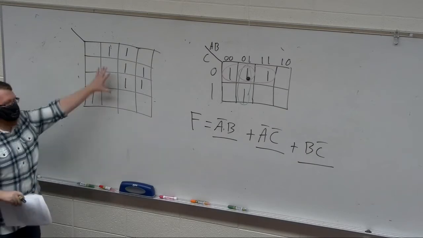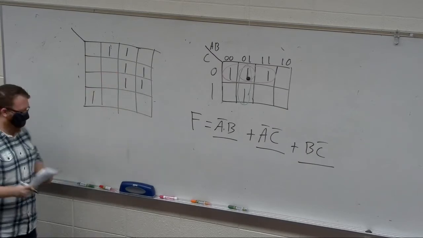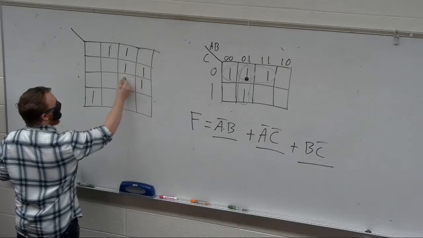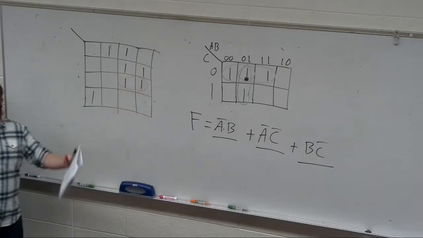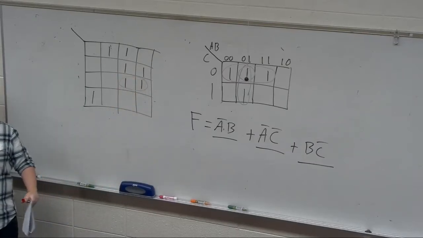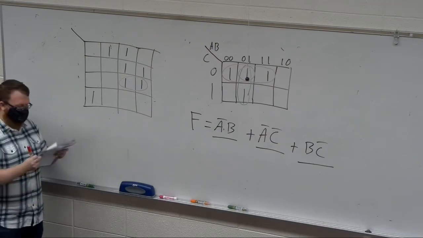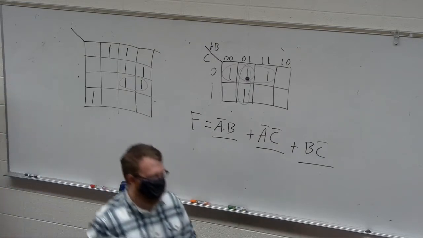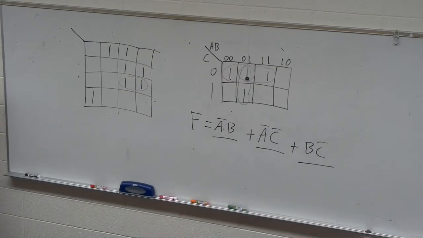If you circle a grouping of things, any circling, that would be called an implicant. Implicant. Then, I like this red. I wonder if it even shows up. Yeah, it shows up a little bit. Color doesn't, the circle does.